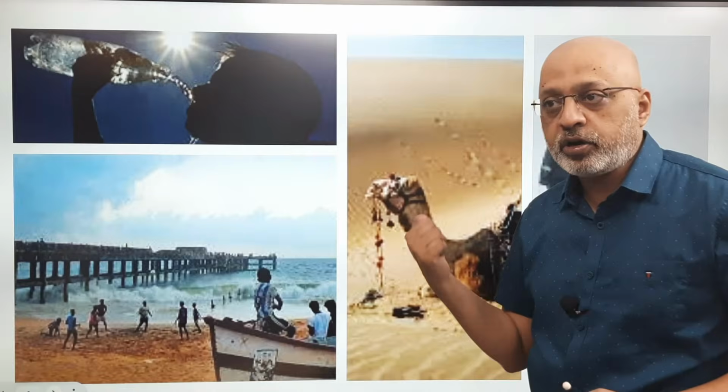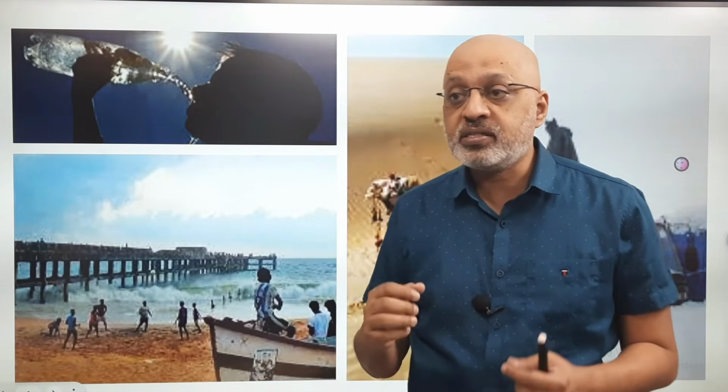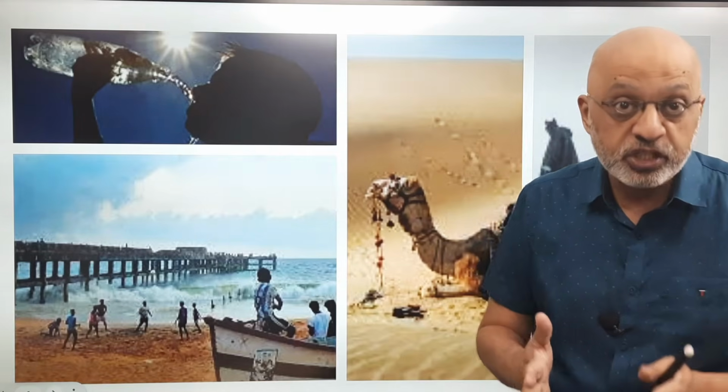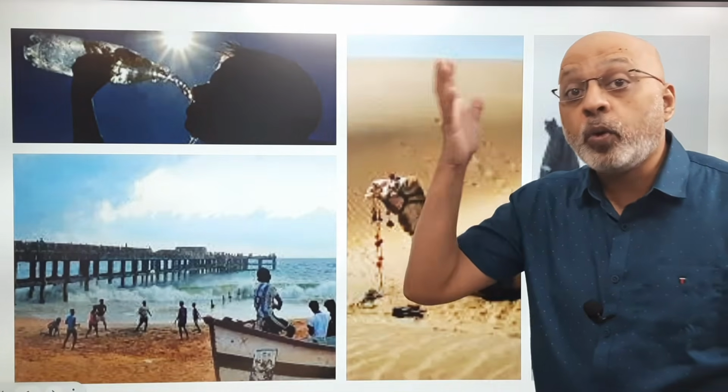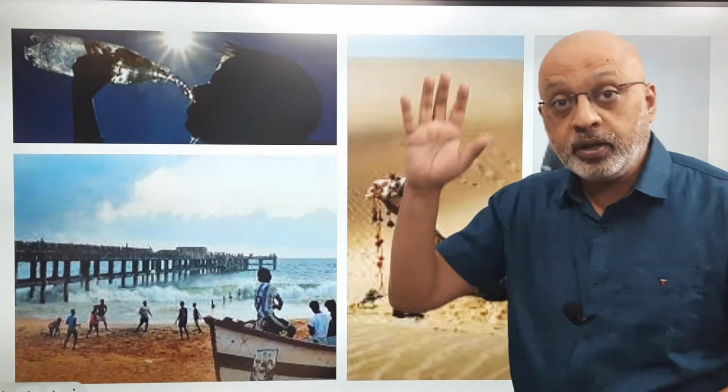Okay, and Barmer in Rajasthan, again you're talking about Rajasthan, records temperature of about 48 to 50 degrees in the month of June, which is really the hottest month in most parts of North India. At the same time, it will be about 22 degrees in Gulmarg in Kashmir.